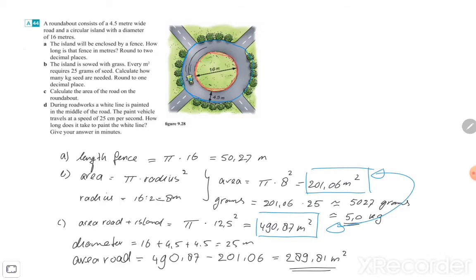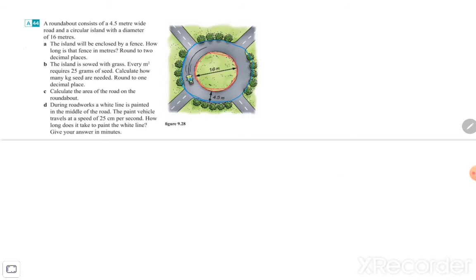Then we're going to look at exercise D. During the road works, a white line is painted in the middle of the road. The paint vehicle travels at a speed of 25 centimeters per second. How long does it take to paint the white line? Give your answer in minutes.